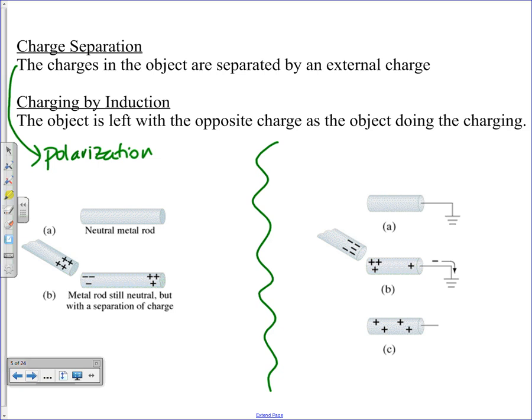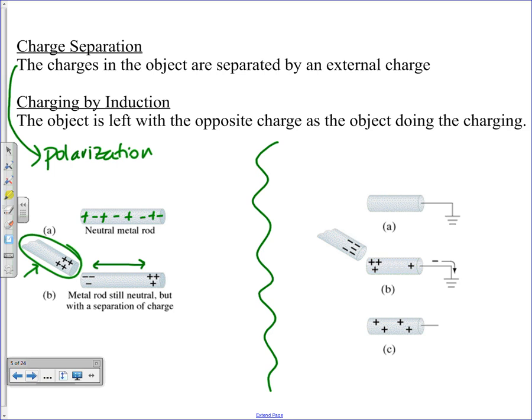And remember that neutral just means that there are equal numbers of positive and negative charges. And then what I do is I bring an insulator. Here's my insulator with a net positive charge, and it causes the charges in the neutral metal rod to separate.